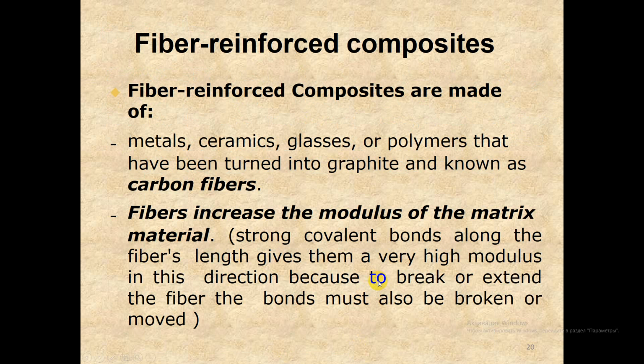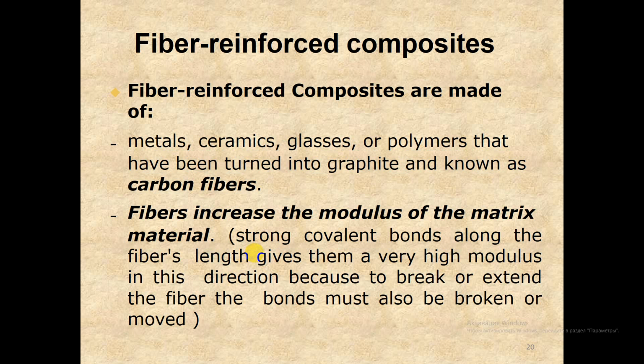Fiber reinforced composites. Fiber reinforced composites are made of metals, ceramics, glasses, or polymers that have been turned into graphite, also known as carbon fibers.